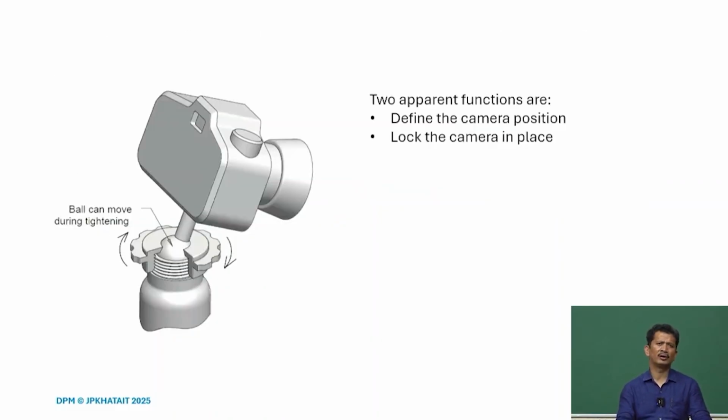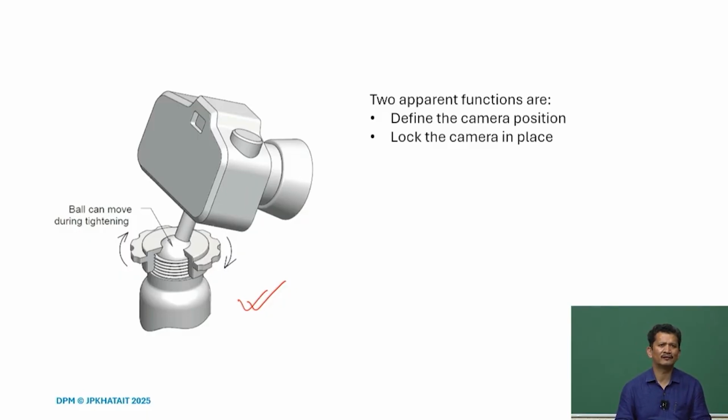A very good example here, like we might have seen in many places, is this kind of tripod we see in the market. Yes, the camera these days is more or less obsolete, maybe taken over by mobile phones.